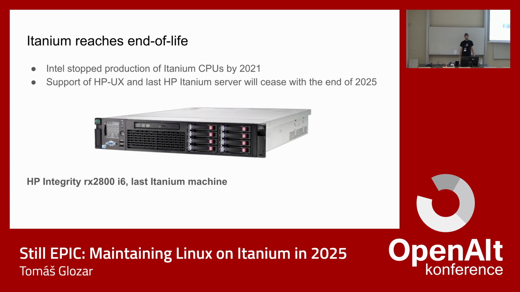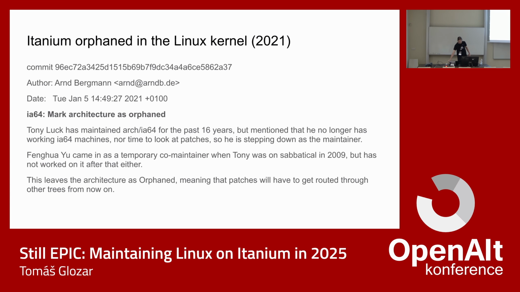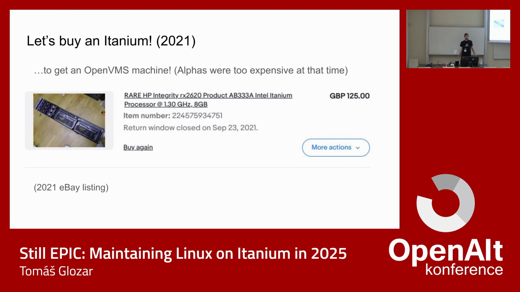And because of this end of life, Itanium was orphaned in the Linux kernel. This was announced in 2021, and by coincidence, this was the same time when I decided to buy an Itanium machine. This was completely unrelated to Linux. This was in COVID, and I was looking into OpenVMS.